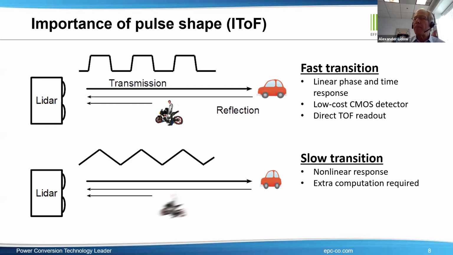However, if that pulse train is not very square, you get, for example, in the lower part of this image there, let's say triangles, it's much harder to tell what the phase difference is. If there's any rounding in it, it becomes equivalent to a blurry image, and it requires a lot of extra computation to try to extract a better understanding of an object close in.